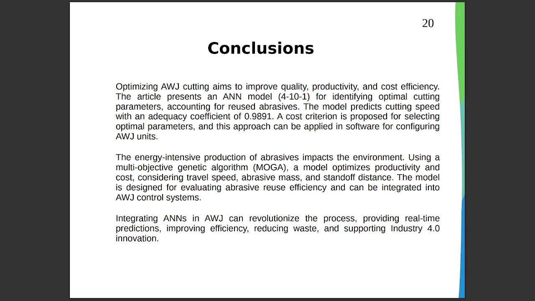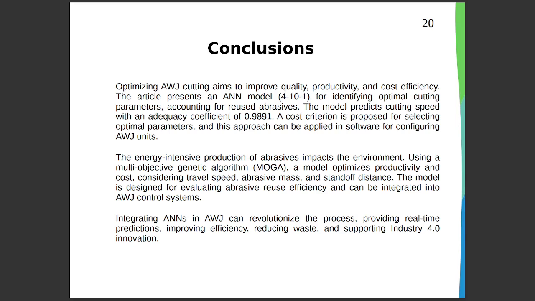Optimizing AWJ cutting aims to improve quality, productivity, and cost efficiency. The article presents an ANN model for identifying optimal cutting parameters, accounting for reused abrasives. The model predicts cutting speed with an adequacy coefficient of 0.9891. A cost criterion is proposed for selecting optimal parameters.